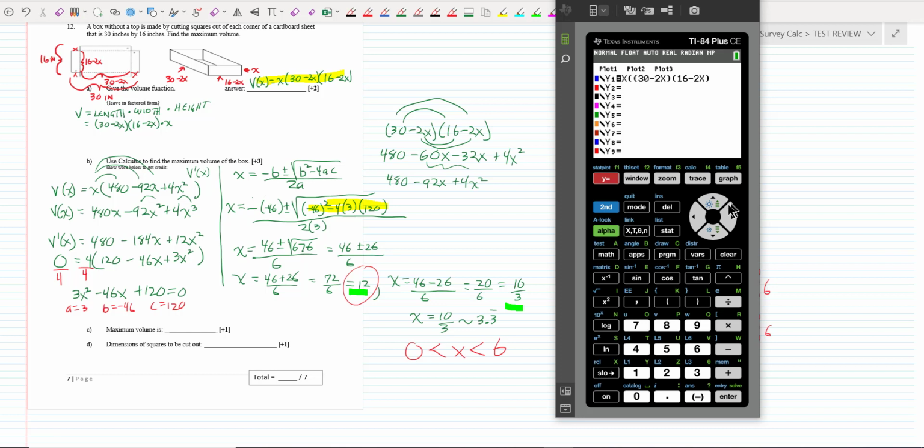I may have made a mistake because there was something popping up on the table I wasn't expecting, so I think I had an extra parenthesis in here. So I have x times (30 minus 2x), and then (16 minus 2x). Now I'm going to go to my table. Okay, I guess I had it in okay.